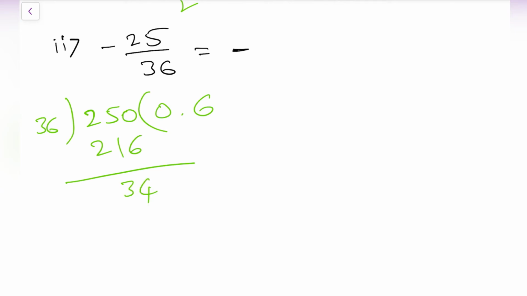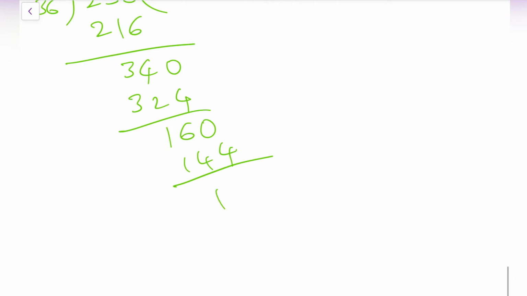Again in 36 table 34 won't come, so one more 0. So now 36 9s are 324. 340 minus 324 is nothing but 16. Again in 36 table 16 won't come, so one more 0 here. Now 36 4s are 144. 160 minus 144, 16.